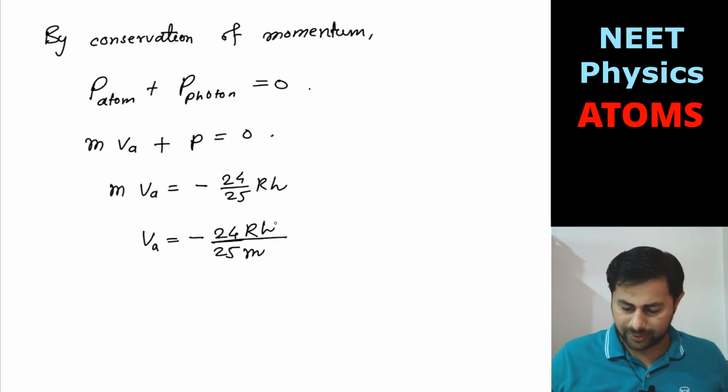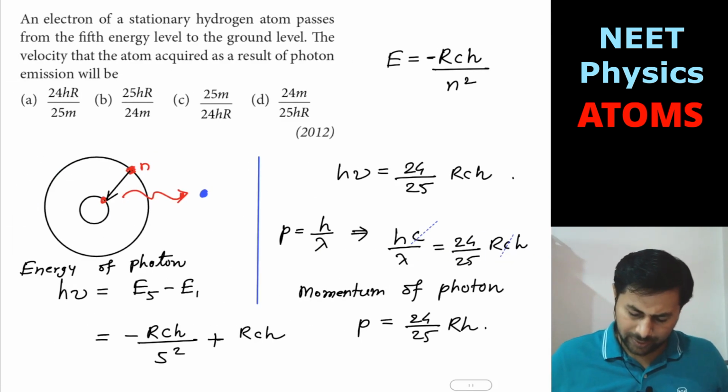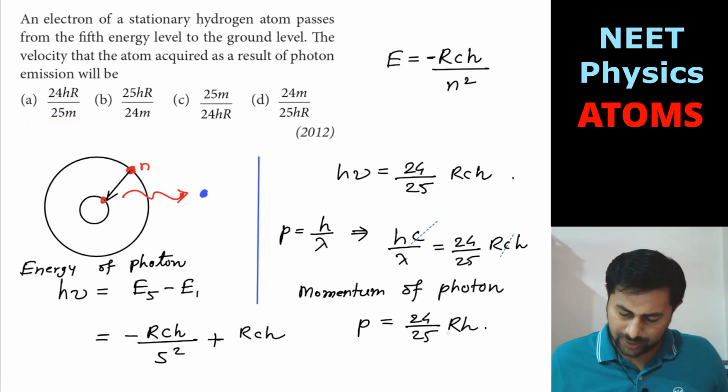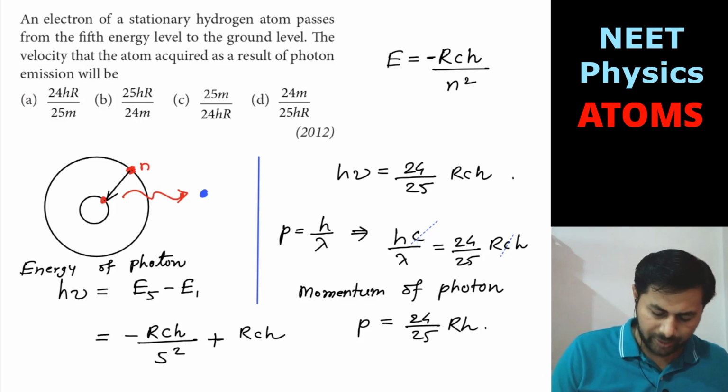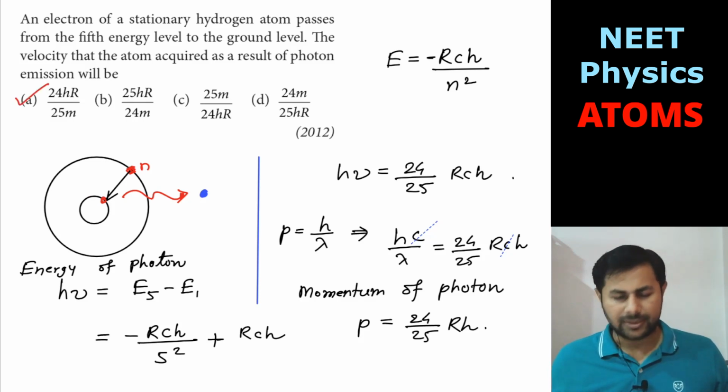This would be the answer. So it is option A, 24 by 25 times RH by m.